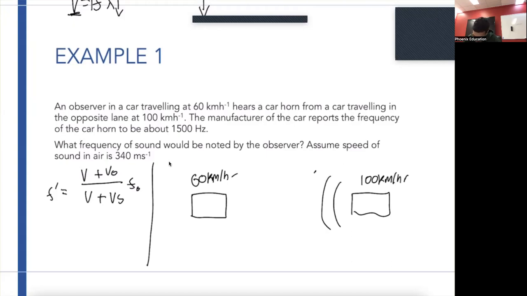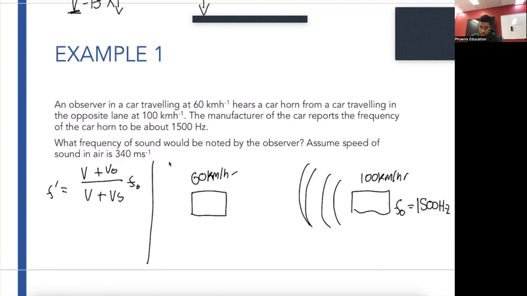And it's producing some car horn. All right. So the natural frequency of this wave, so FO, is equal to 1,500 hertz. Okay. And we know that the velocity of a sound wave is 340 meters per second.